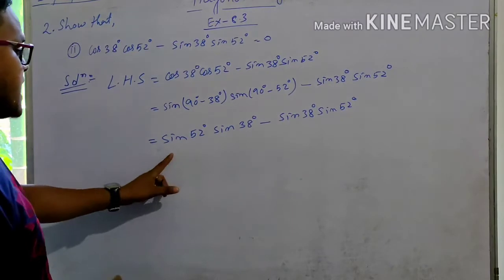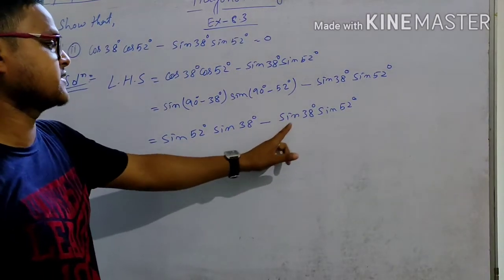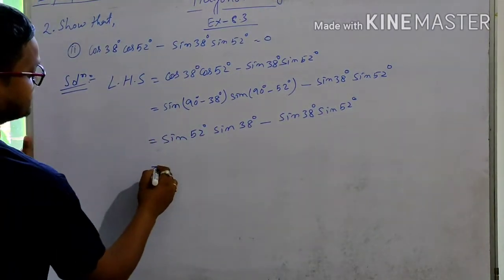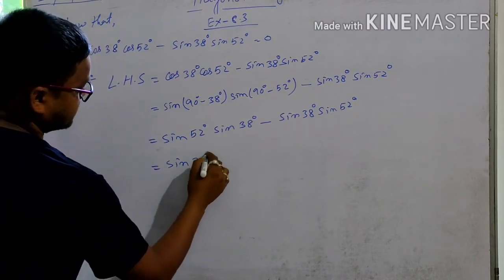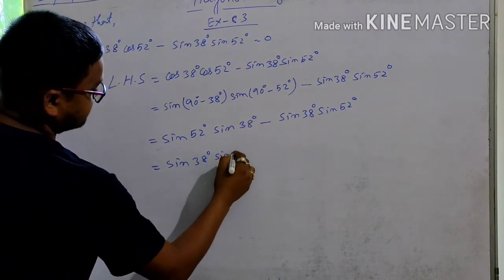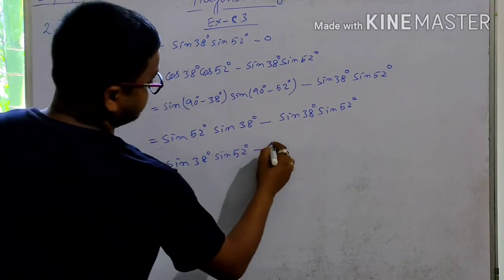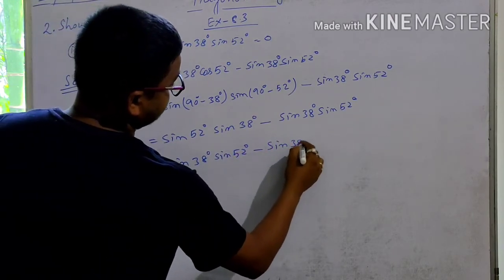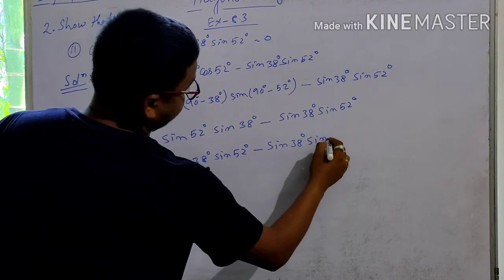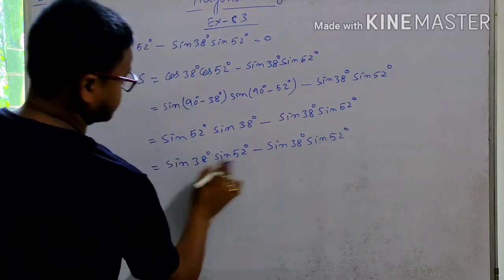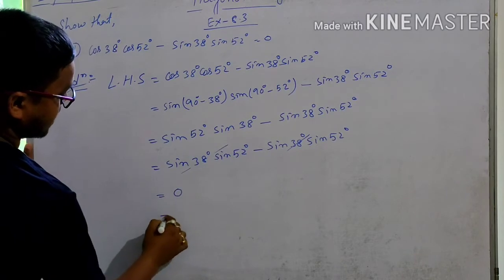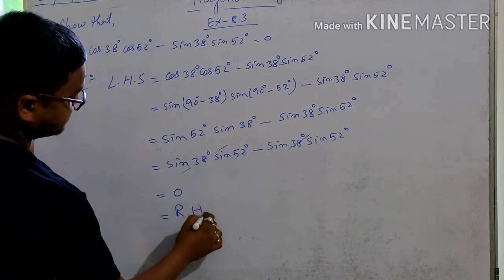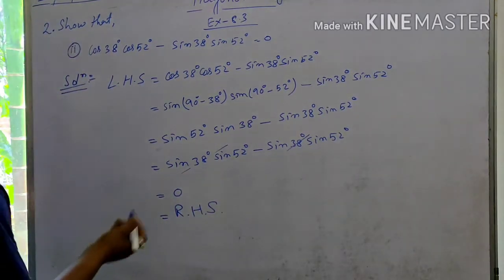Now you see sin 52 and sin 38, sin 38, sin 52, these are the same, so you write sin 38 degree sin 52 degree minus sin 38 degree sin 52 degree. Now both are the same, so these are cancelled, so this is equal to 0, and finally you will get the right hand side. Okay, hence proved.